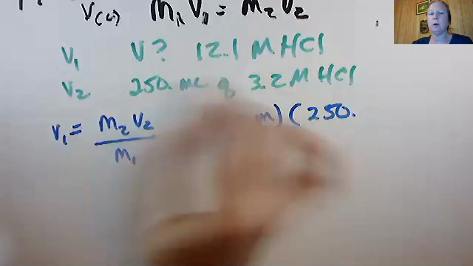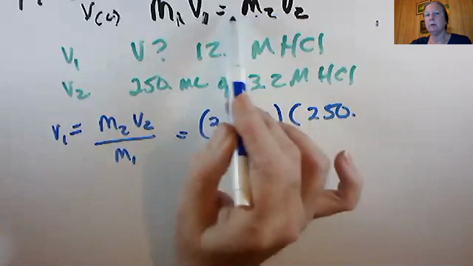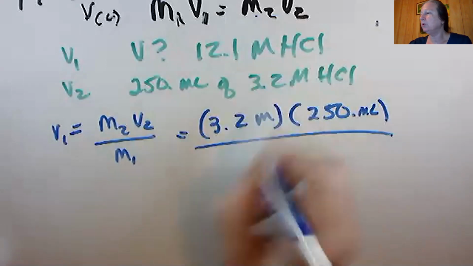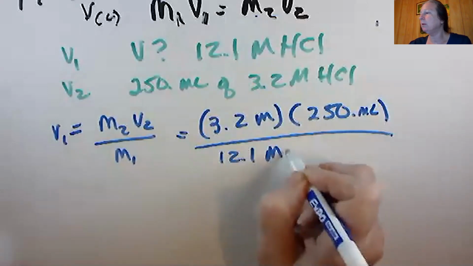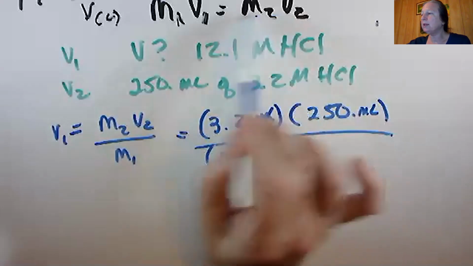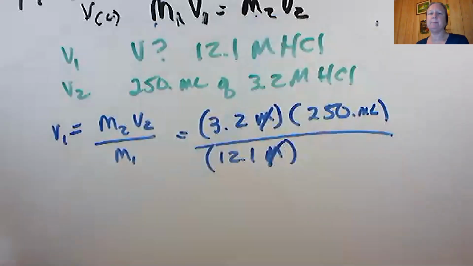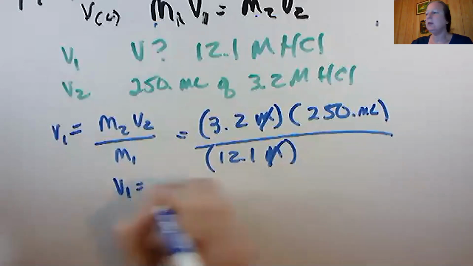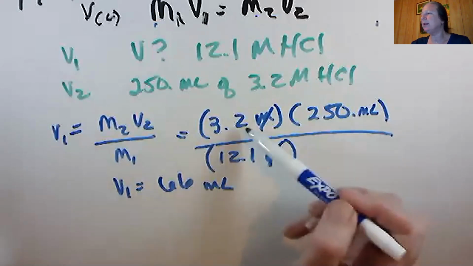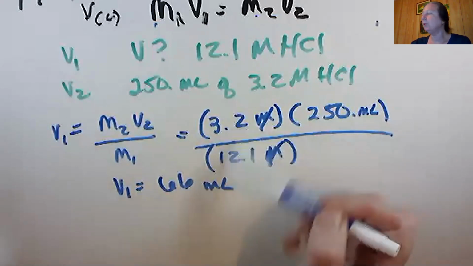This is the only time you don't have to convert, when you're using this equation. My starting molarity is 12.1. Remember, you are going to have 3 knowns and 1 unknown. I plug it in, I do the math, and my V1 is equal to 66 mils. Now, this is 3 sig figs, but this is 2, so my answer will be in 2 sig figs.